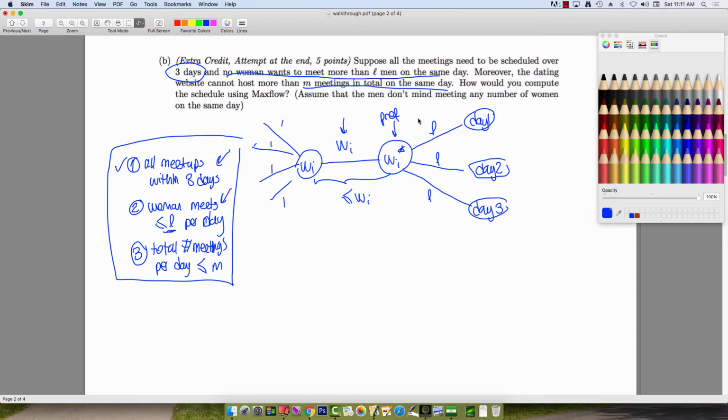So we took care of the first constraint. So all of these are going to cap the number of meetings per day. Okay, so we took care of the first 2 things.